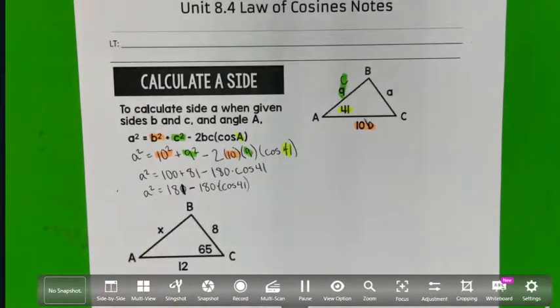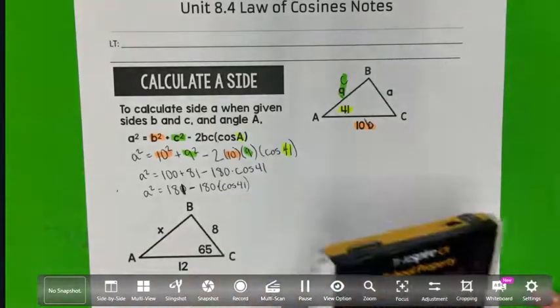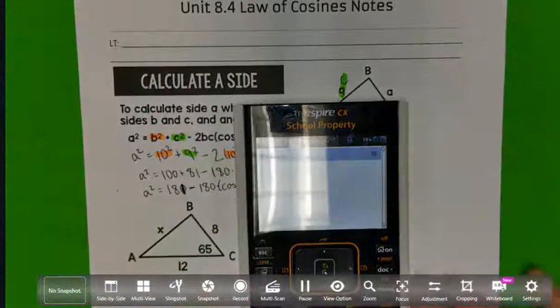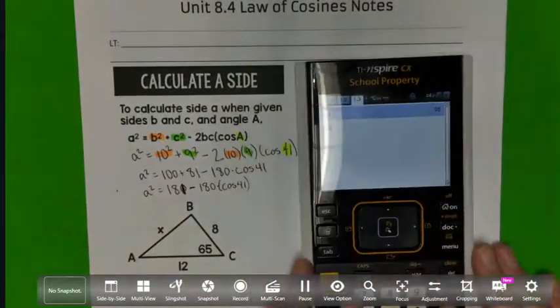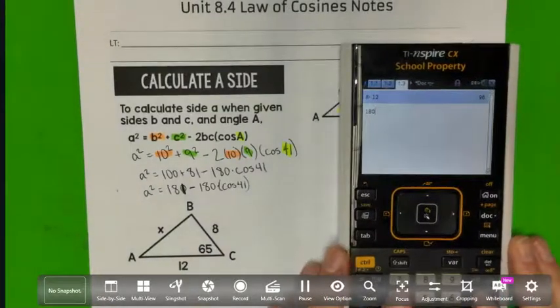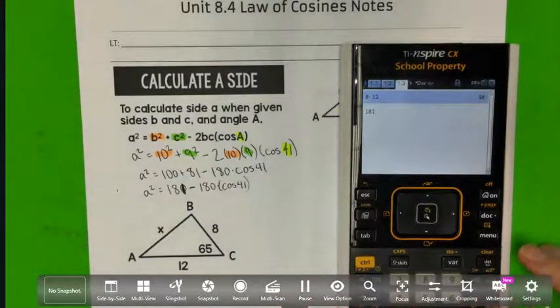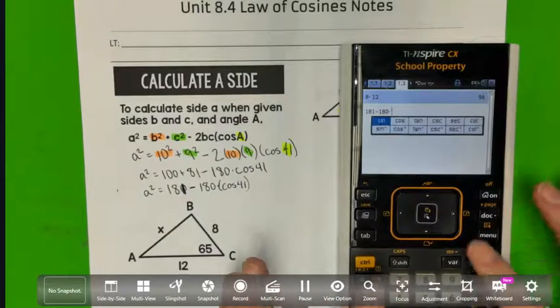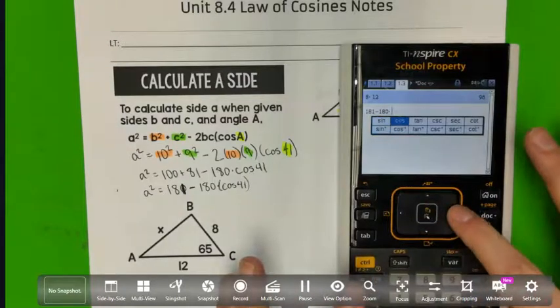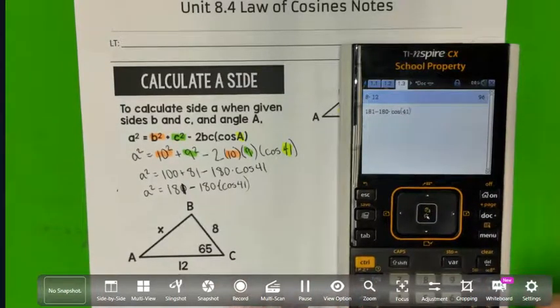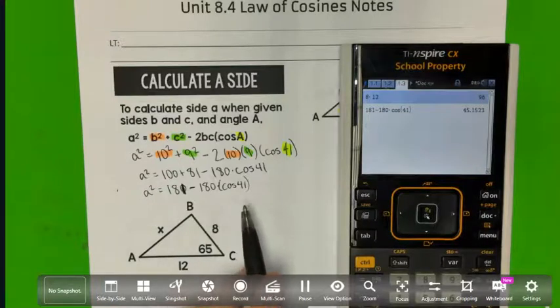And this we can put in the calculator. I'm going to do 181 minus 180 times the trig button, cosine of 41. And you end up with 45.15.